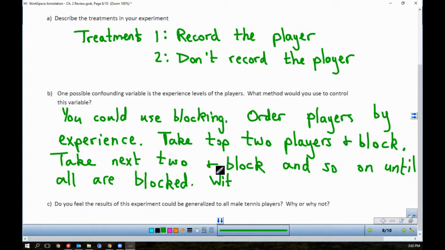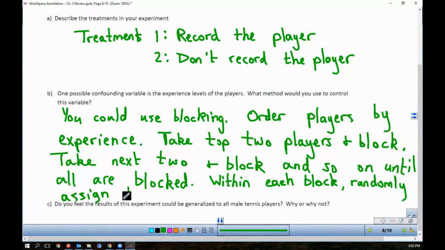What you're actually wanting to do here is within each block, randomly assign treatments. So if you have the top two, chances are they're pretty equal in experience. You're going to randomly assign those a treatment.